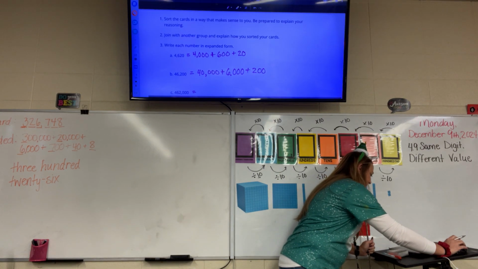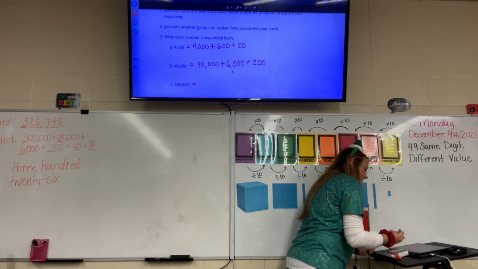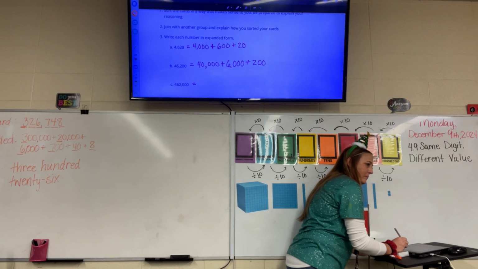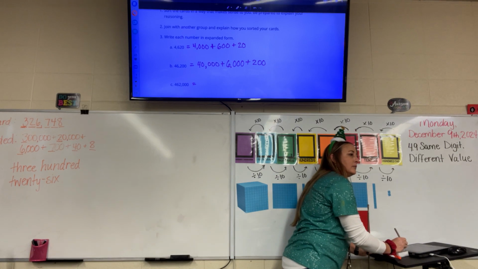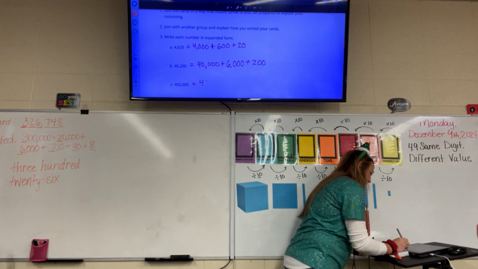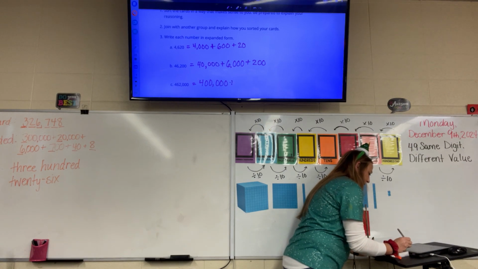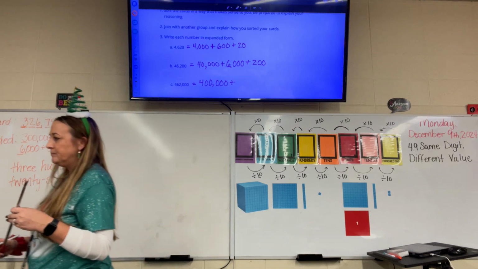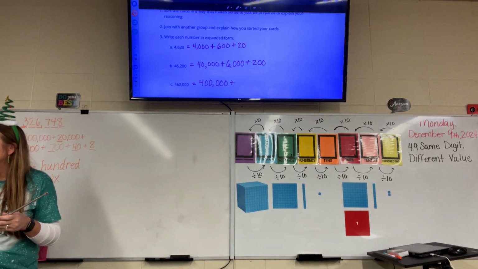And on C, Todd, what would be the value of the 4? 400,000. Yes, good work. 400,000. All right. What would be the value of the 6, Cameron? 600.